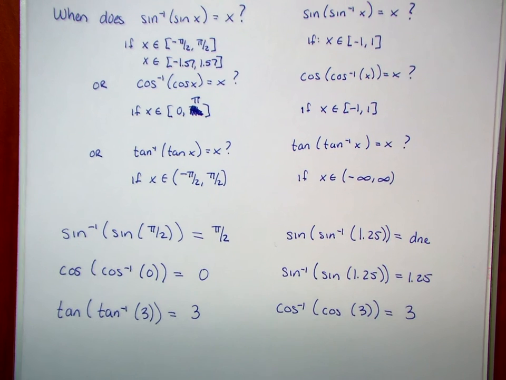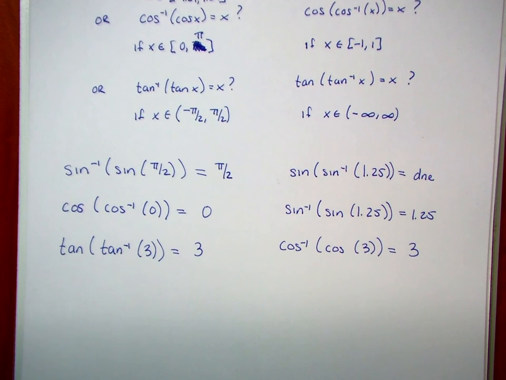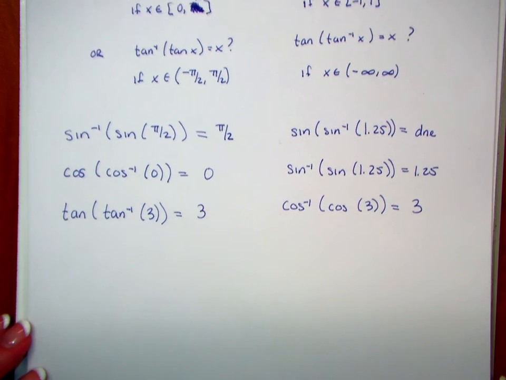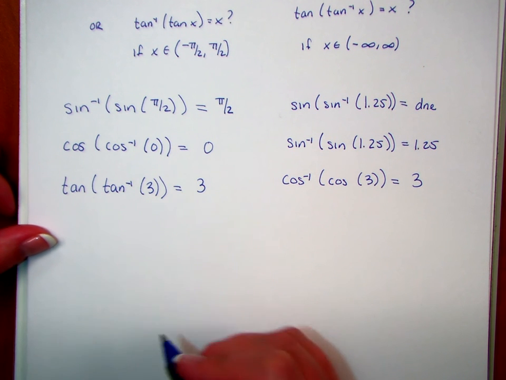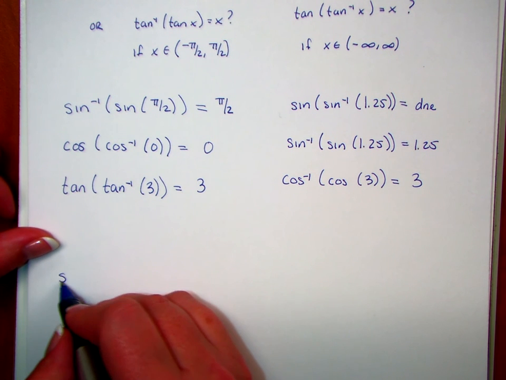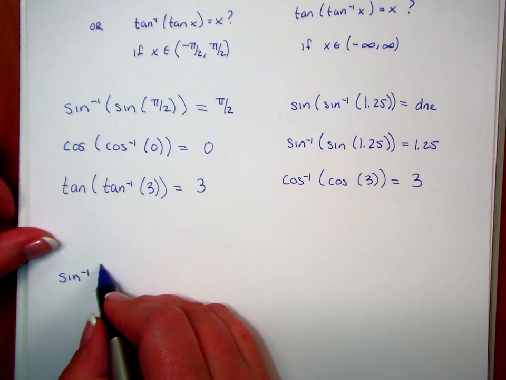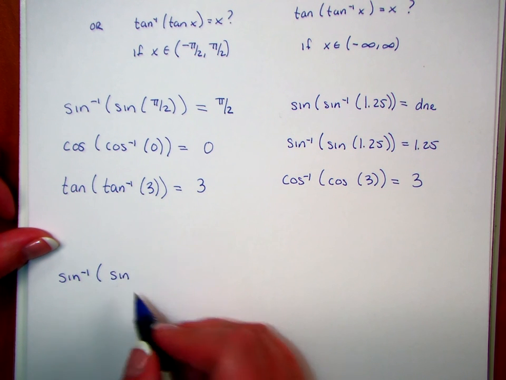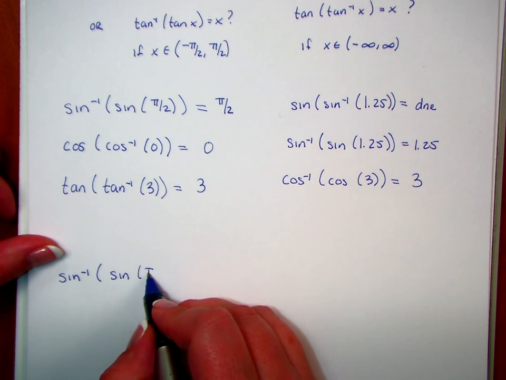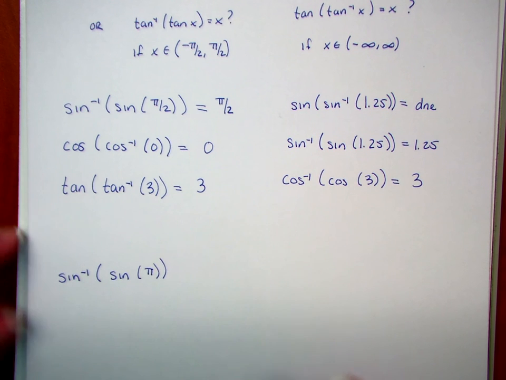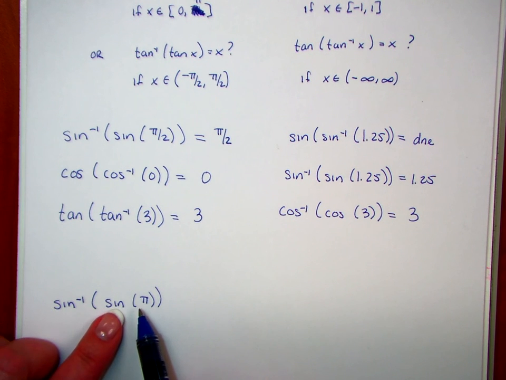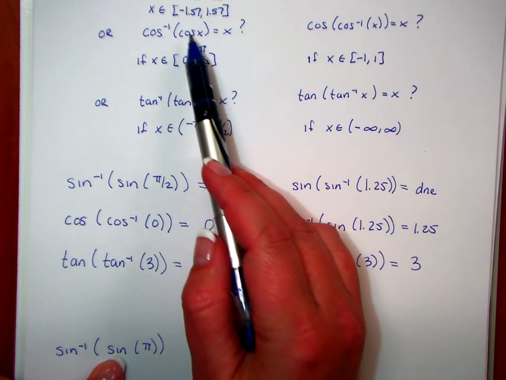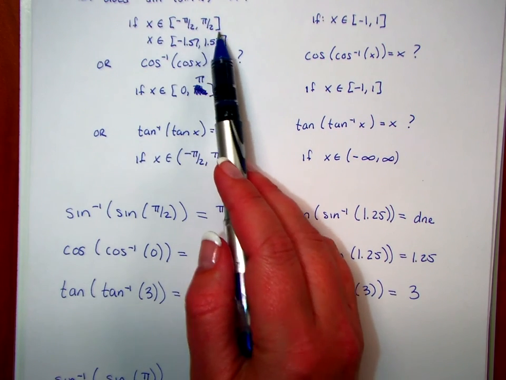All right, let's do some of those examples where we have to transfer the quadrants. What is sine inverse of sine of pi? Notice the restricted domain of sine is negative pi over 2 to pi over 2.